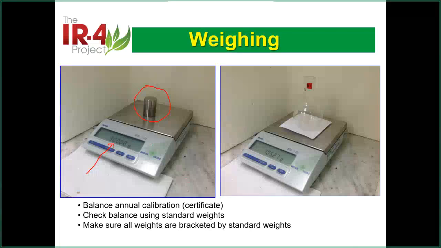So you need to verify that, and you also need to cover the range. If you weigh your sample here, let's say you weigh 10.01 gram, you need to cover this range.